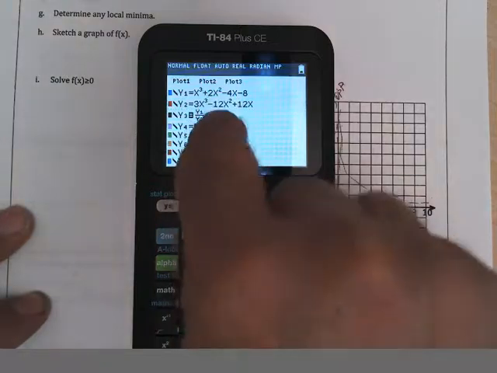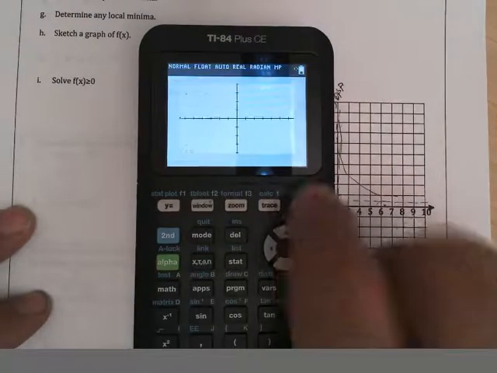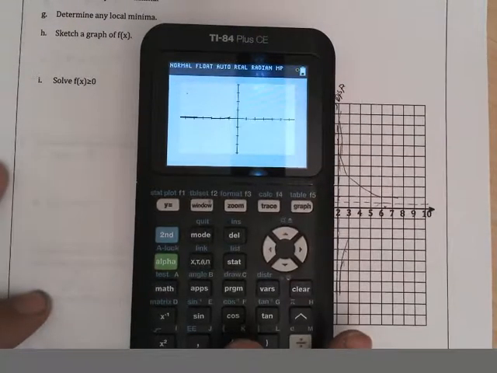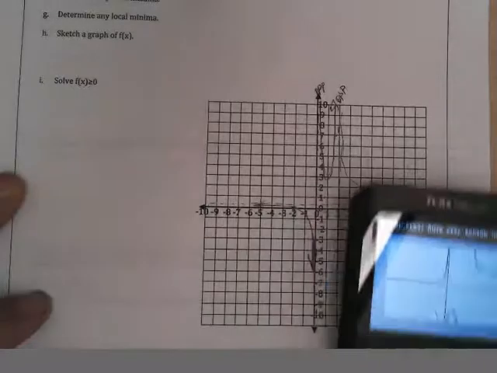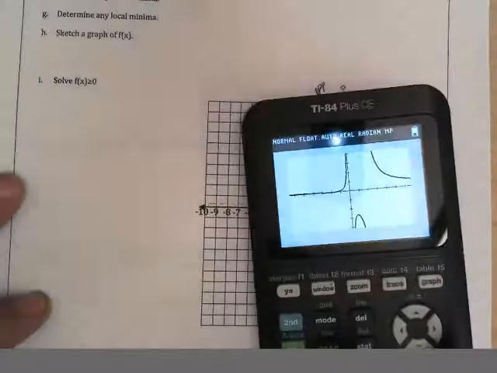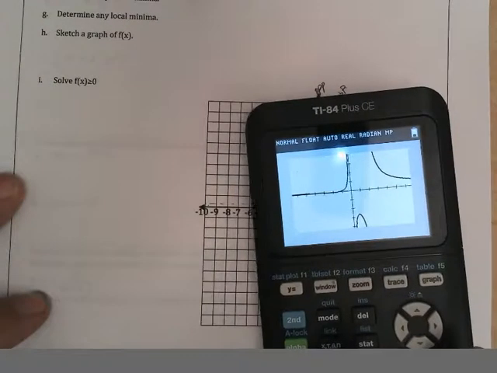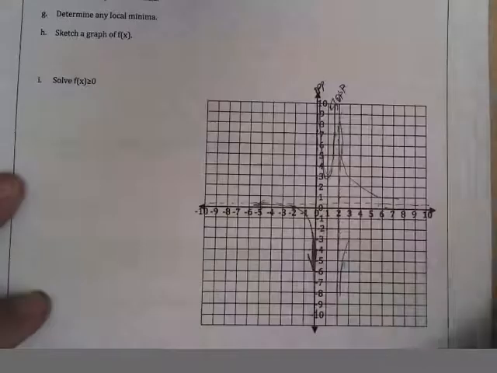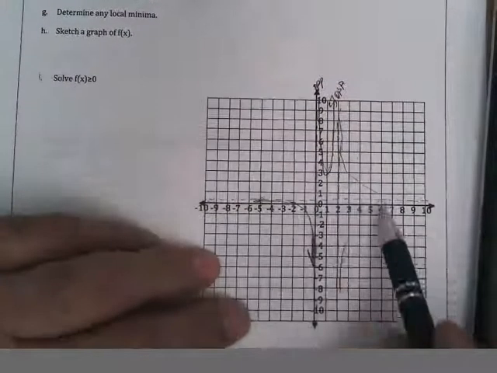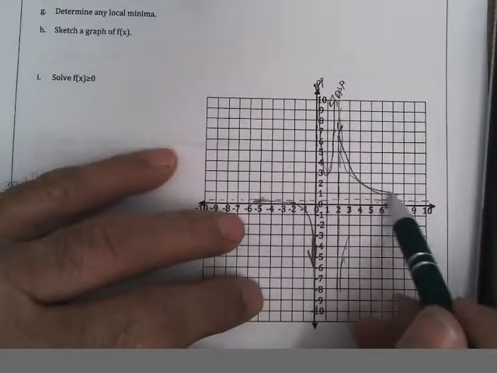So it's just saying divide these two, and that's what it's going to graph. Oh. It went up, and then it went down, and then it stayed above. Yeah. Didn't have an x-intercept here, so it had to come from here.